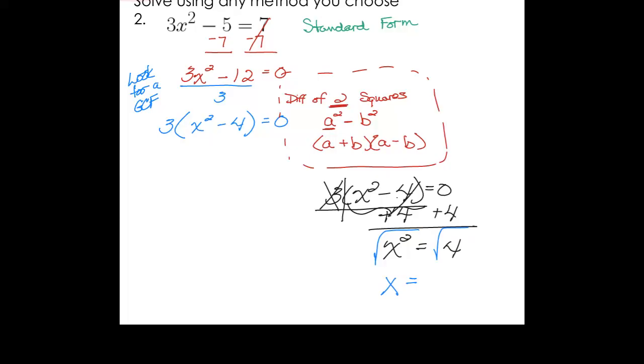And what is the square root of 4 if I'm setting it equal to the square root of x squared? Is it just 2? Is there anything other number that you could square that would give you a positive 4?